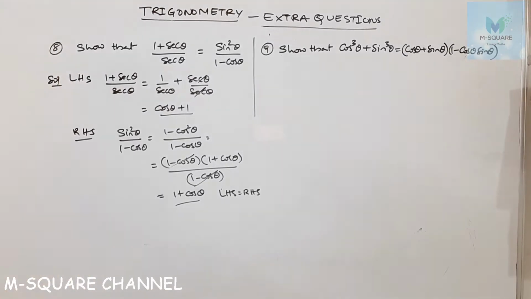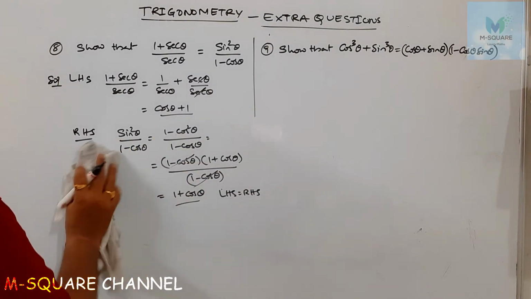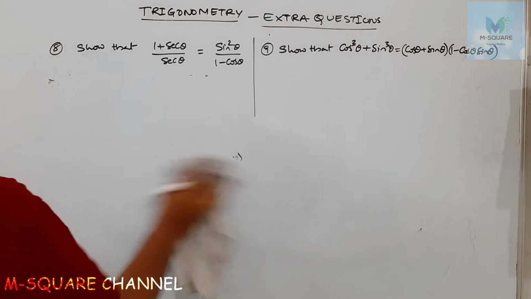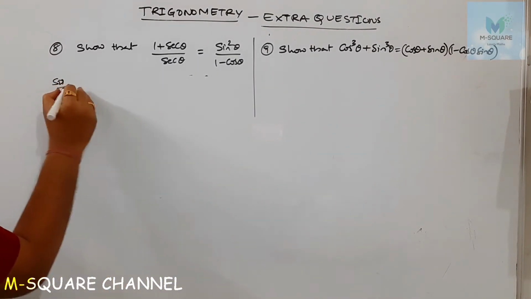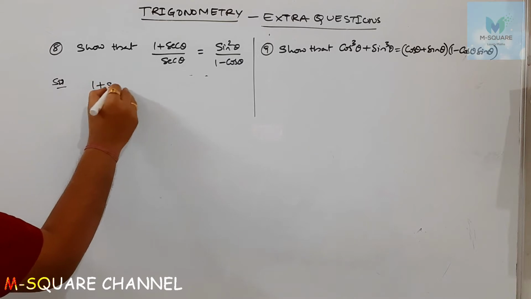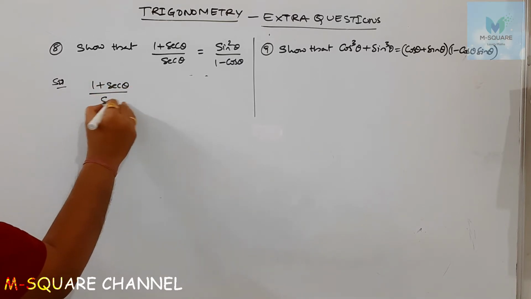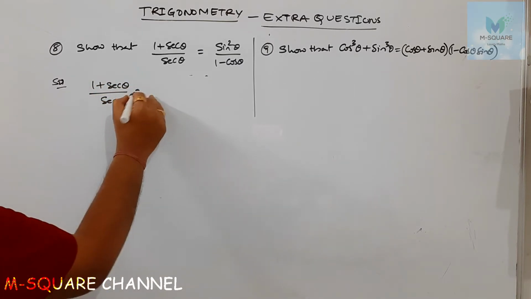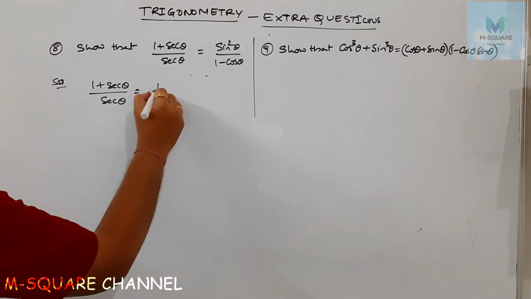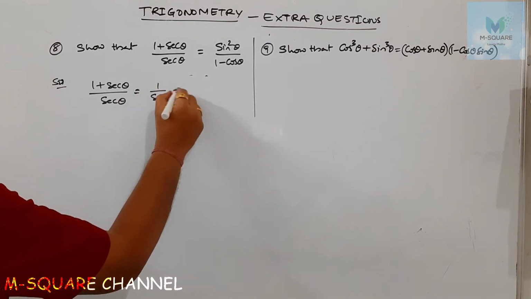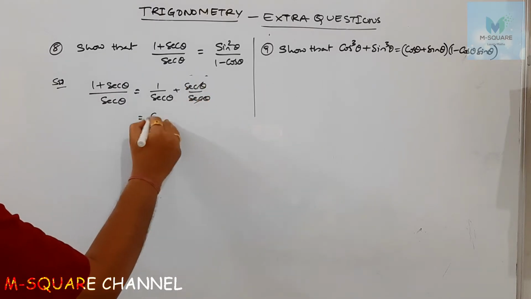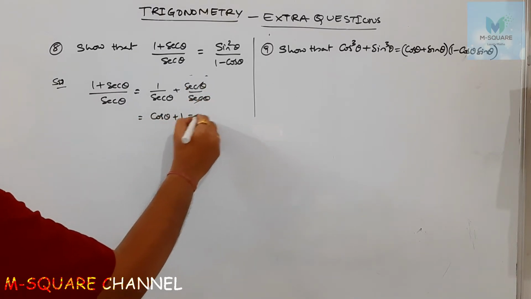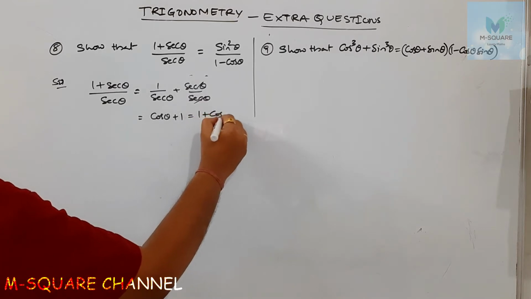How can we do the next method? Please see, the second solution: 1 plus secant theta by secant theta. We split this fraction, 1 by secant theta plus secant theta by secant theta. These two are cancelled, cos theta plus 1, that is nothing but 1 plus cos theta.